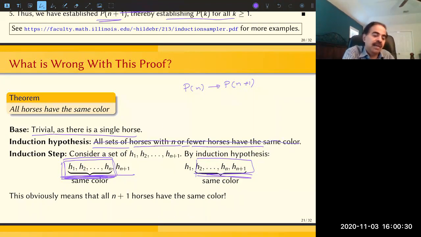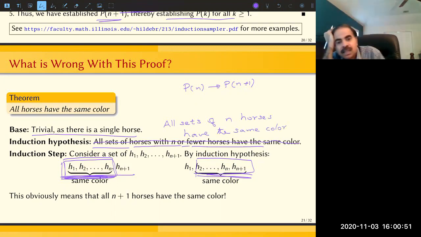Okay, I will rewrite it to say all sets of n horses have the same color, right?